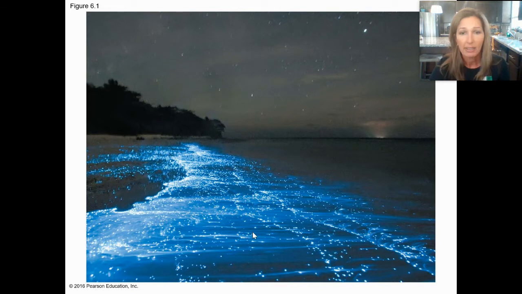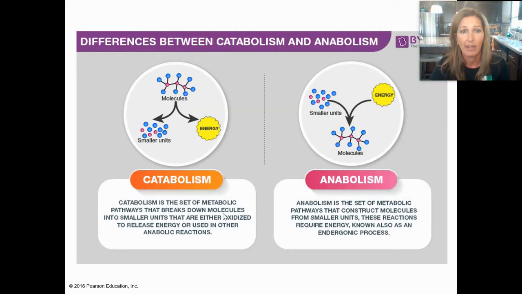Those metabolic activities get classified as either catabolic activities or anabolic activities. In a catabolic activity, we're starting with a large molecule, and these large molecules are stored potential energy, and we're releasing them into smaller molecules, something like sugar releasing into carbon dioxide and water, but taking the energy out of it.